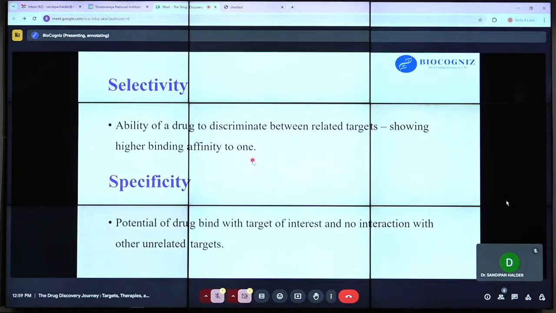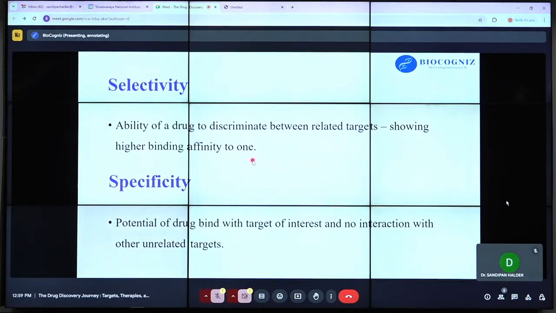Yeah. So now you have a drug, and in the previous lecture we discussed how we can design and find a drug. So if you are able to make a drug, the next important question is, okay, you are targeting the target of interest, fine, but why are we getting side effects?